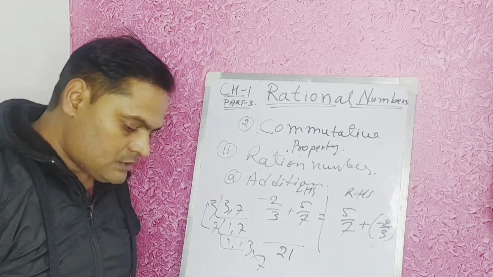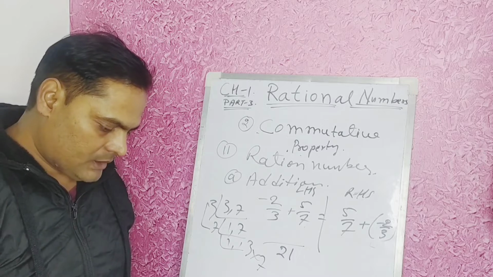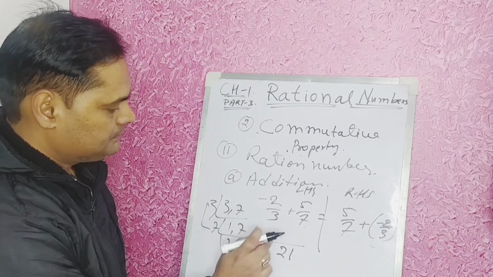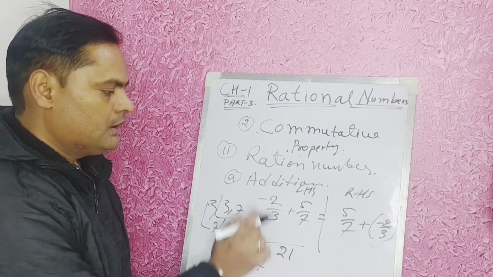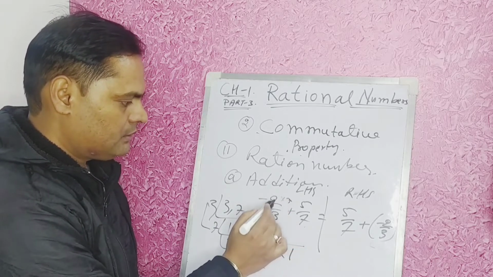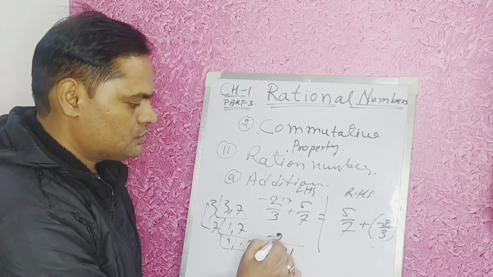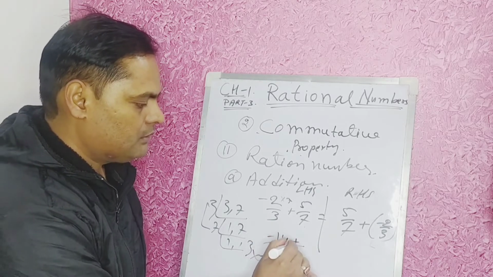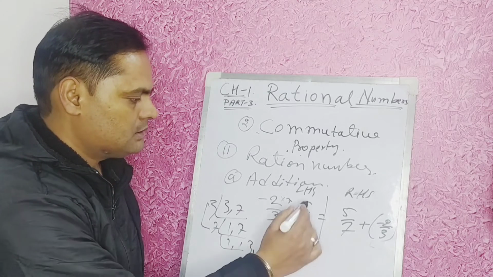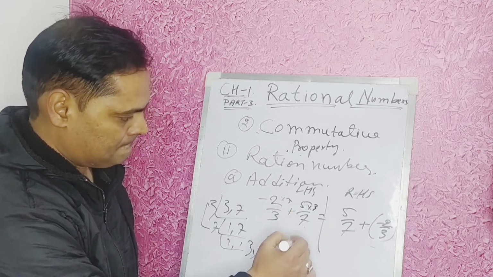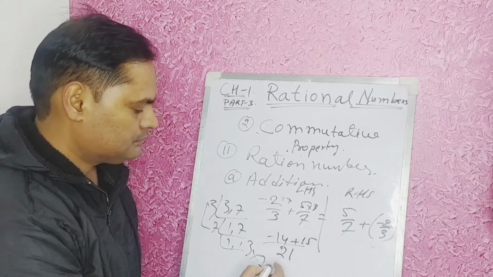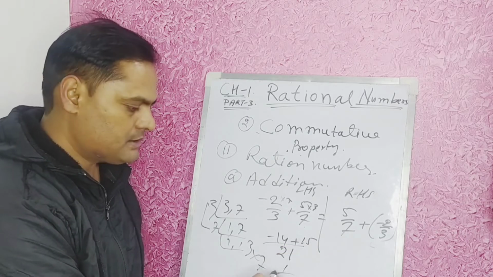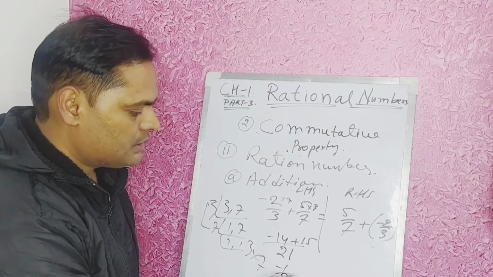So let's see if I am able to do this. This is 3 into 7, that is minus 14, plus, and this is 3 times 5, 15. So if we sum up, the sign is minus, of course, and the denominator is 21.